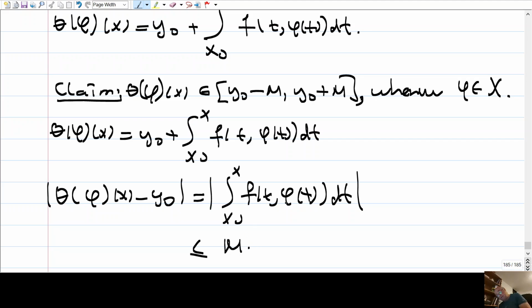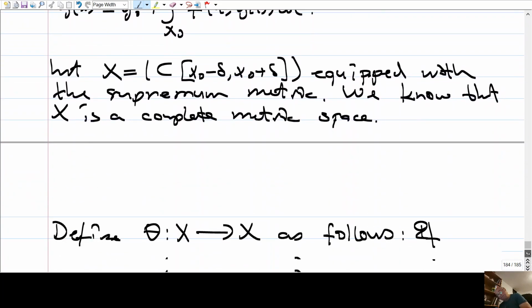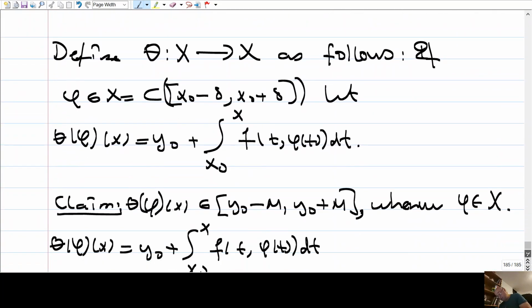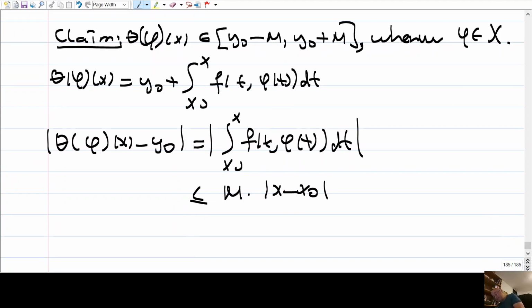The value of this function f of x y is always less than m, so this integral is less than m times x minus x0. But x minus x0 is what? x0 is here, and I have this delta interval, x is somewhere here. So this is less than delta.